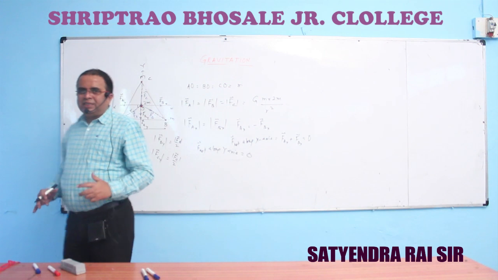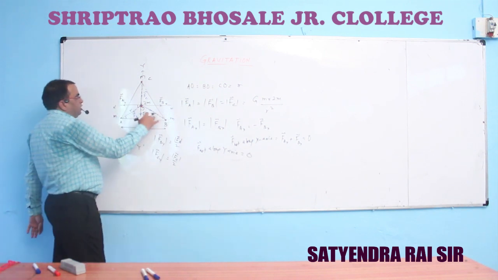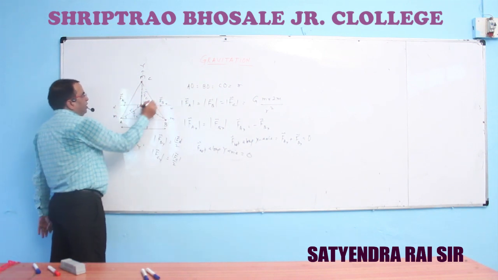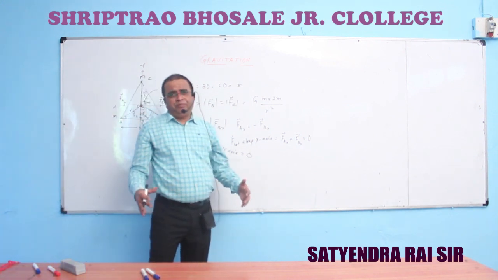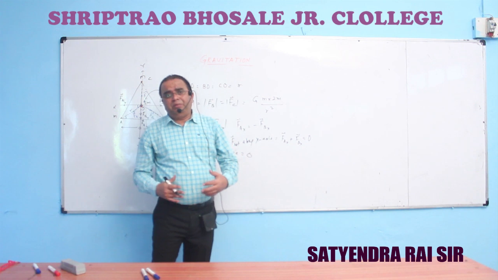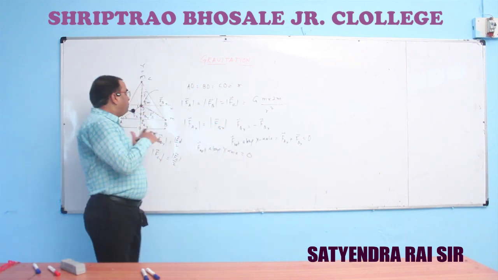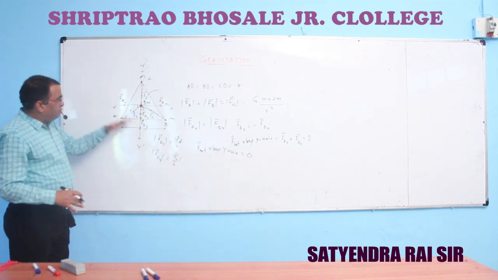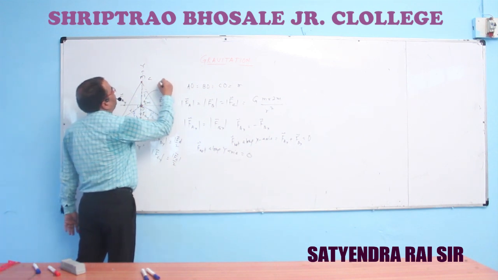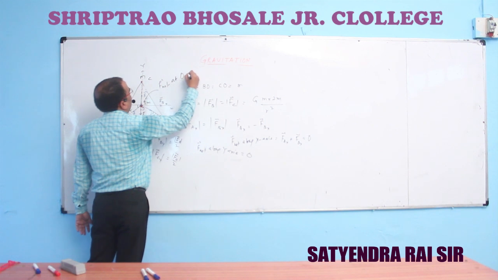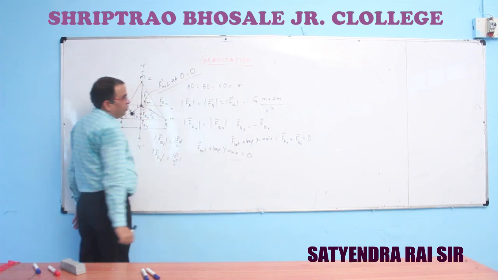It means the centroid, in this particular case, is a point where whatever mass you give, however large or however small, the particle kept at O will experience no force, or F net at O will be 0.